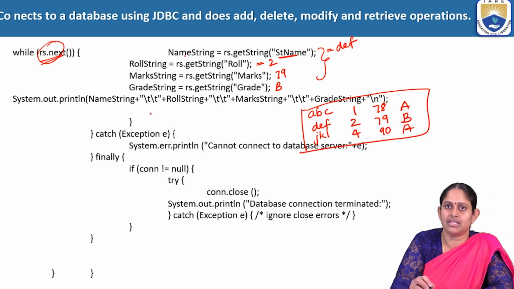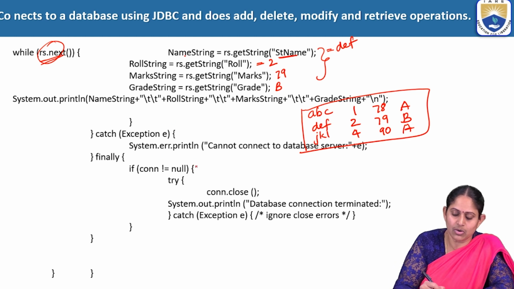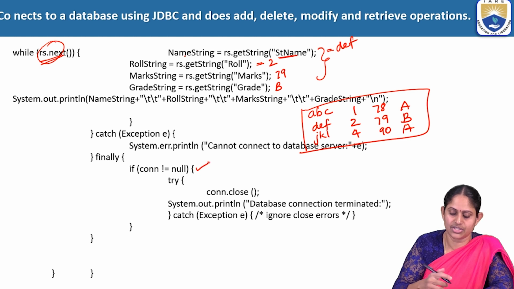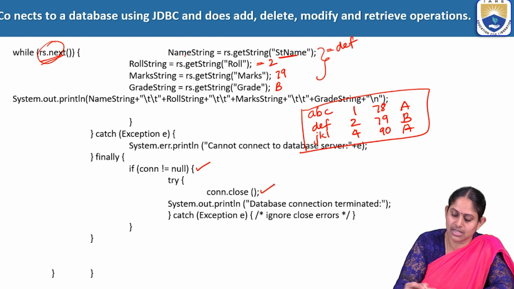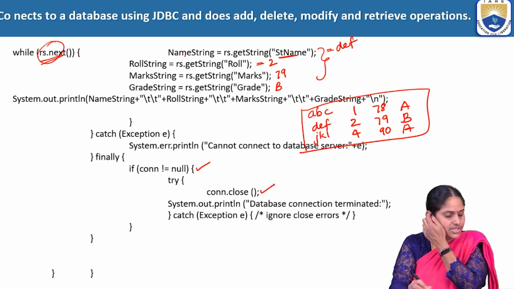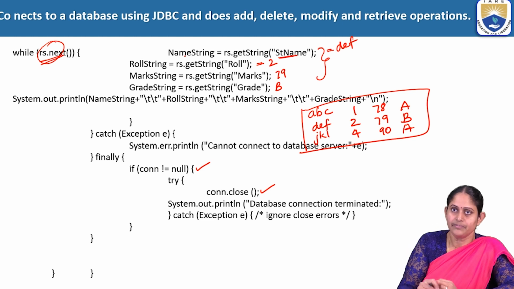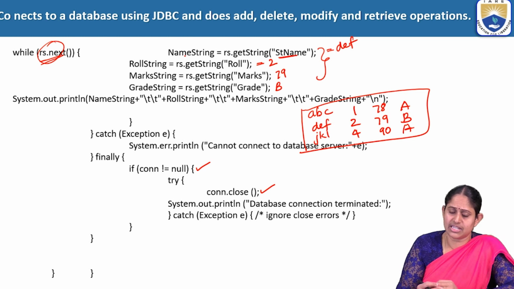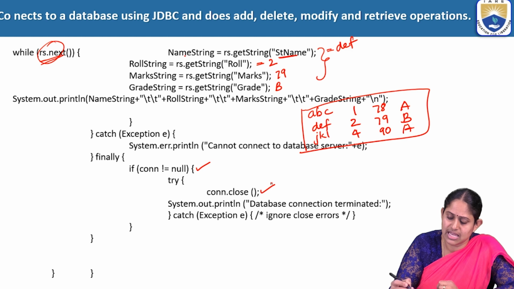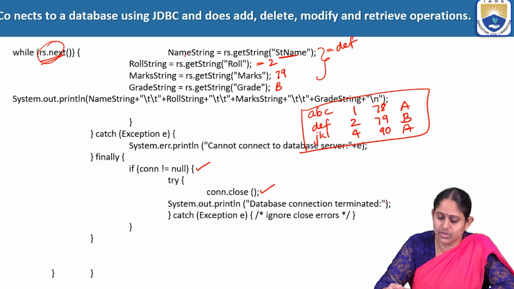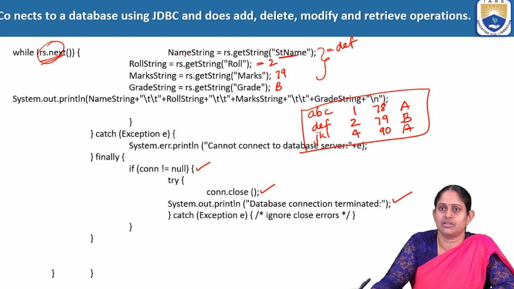Next, after performing these operations, we have to close the connection. We have to call the close method if the connection is still there, and after closing, the database connection terminated message will be displayed.